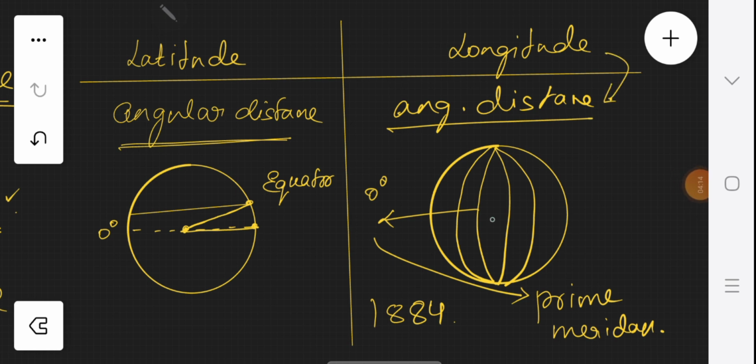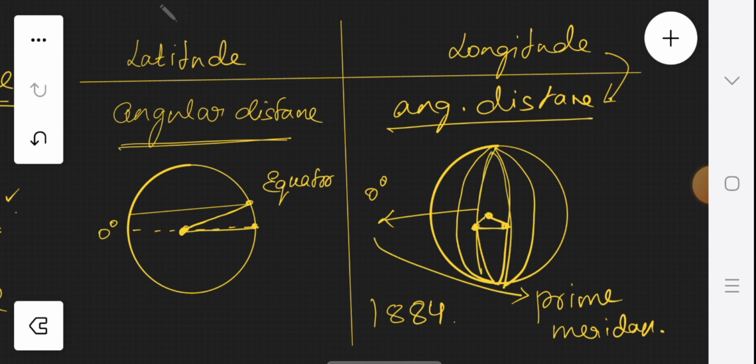If you want to calculate the angular distance of the longitude, first you consider the center of the earth here, and now you consider this prime meridian point, and the angle of this 0 degree prime meridian. Suppose you're calculating the first longitude after this prime meridian.